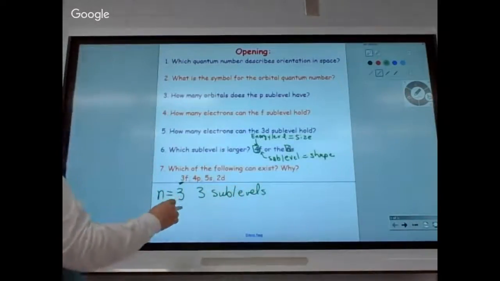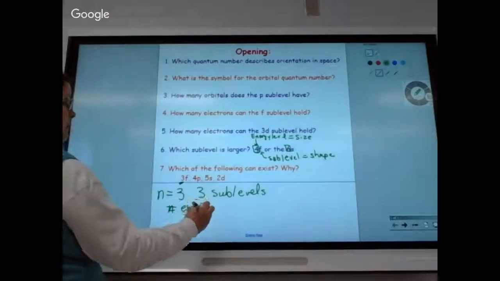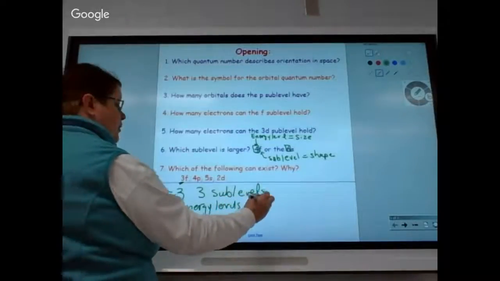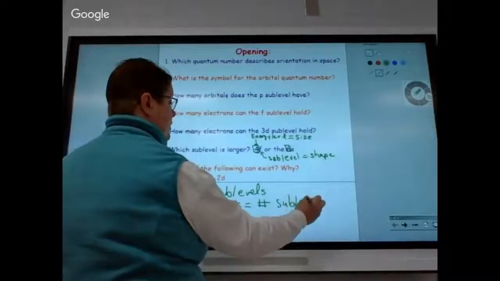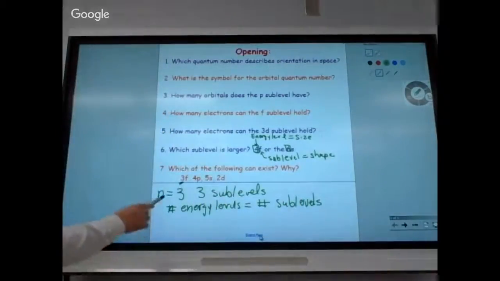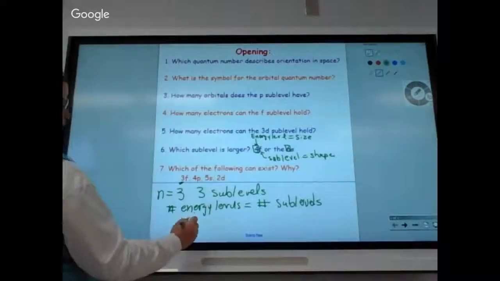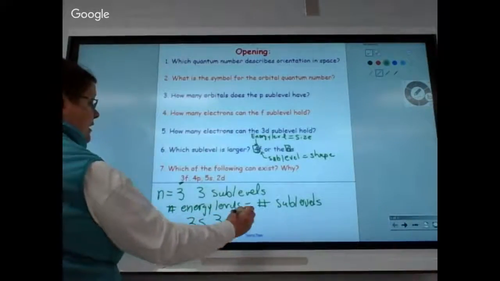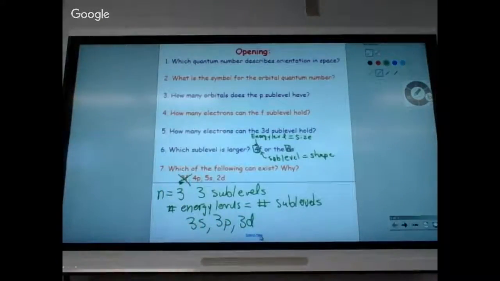Remember, the number of energy levels equals the number of sublevels. So if you have 3 energy levels, you're allowed 3 sublevels. Their names are 3S, 3P, and 3D. So 3F cannot exist.